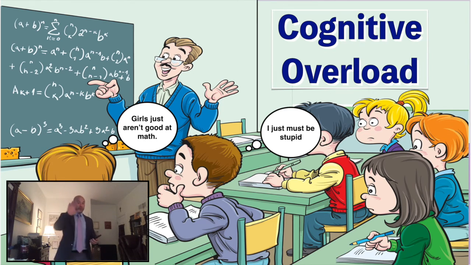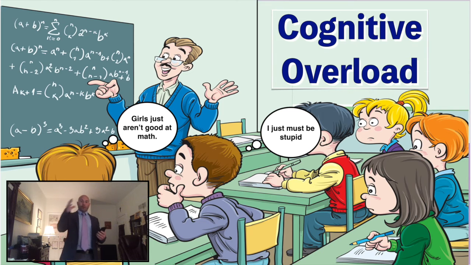So, this example is perfect. Let's just take a look at it. We have a teacher, and he's teaching some more complex math. And you can obviously see that the students are struggling. But what's really bad is that you have one student who is starting to say, I just must be stupid. So they don't understand it, and they think it's their fault.